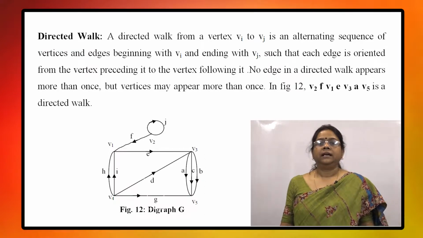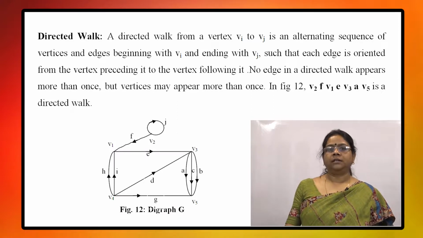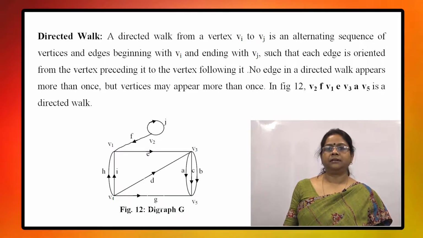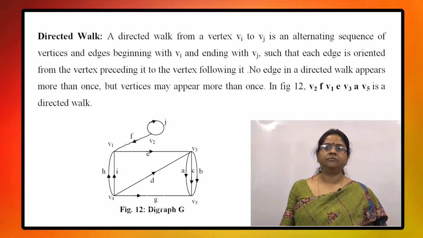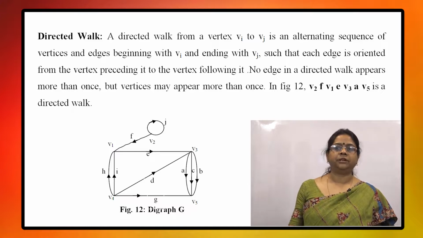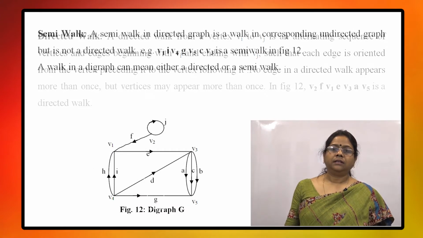And in a walk, if this does not happen, if some edge is oriented in the opposite direction, then that will not be a directed walk. But if we ignore the directions of all the edges, then we will get the underlying graph of the digraph, in which that will be a walk.